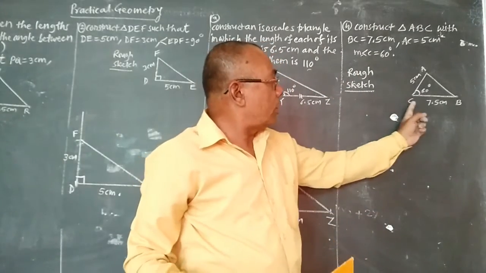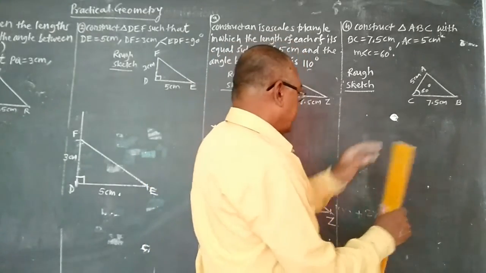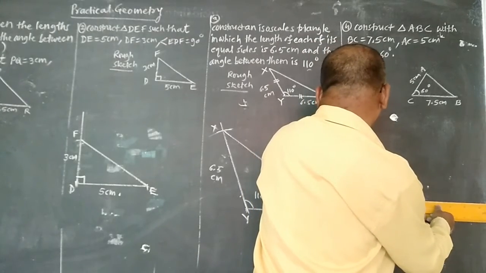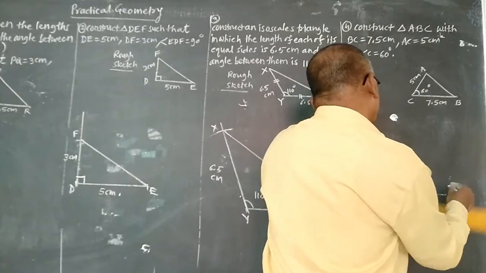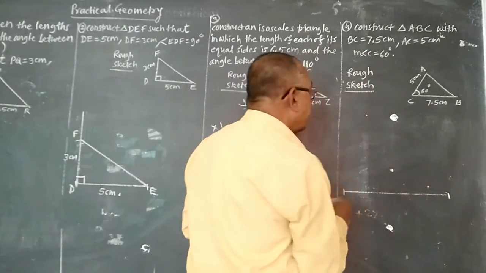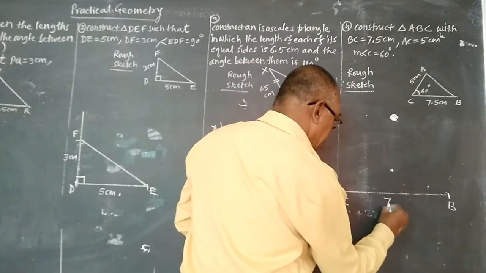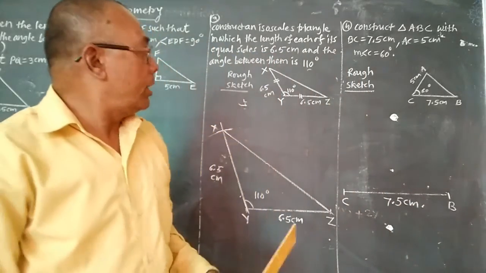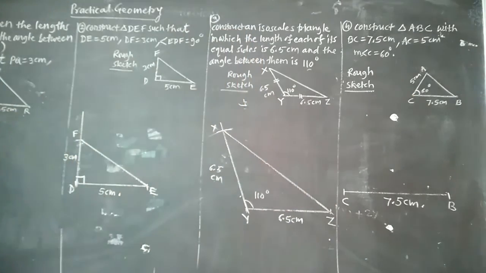First of all, we will draw the horizontal side BC, here of length 7.5 centimeter. So this is the side BC of length 7.5 centimeter, and now we have to draw the angle 60 degree by using the protractor.